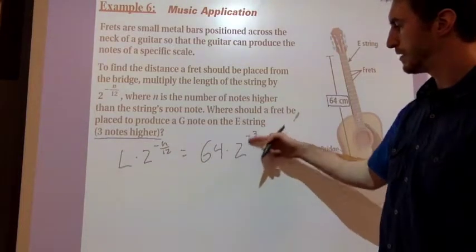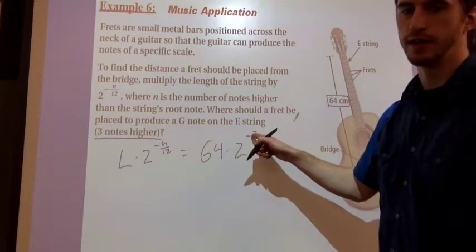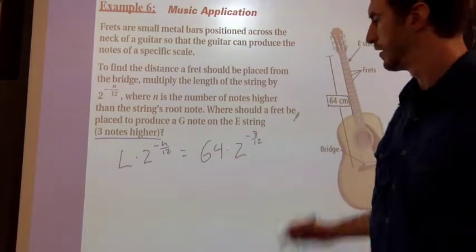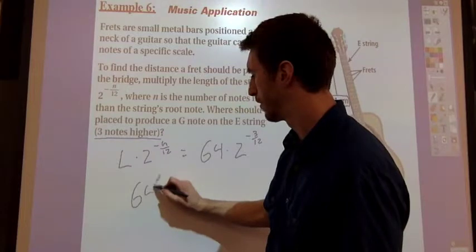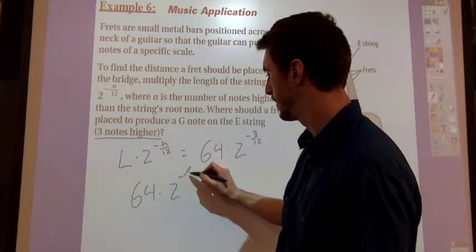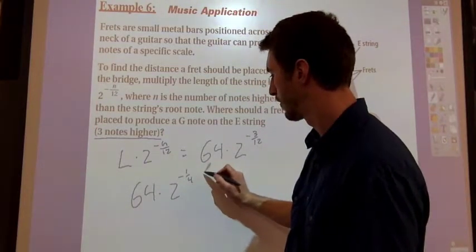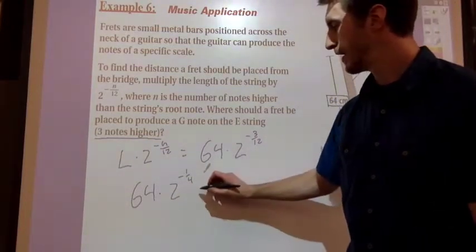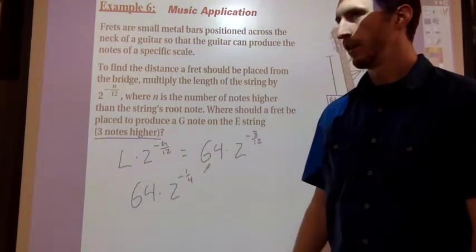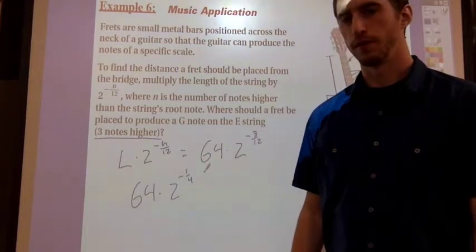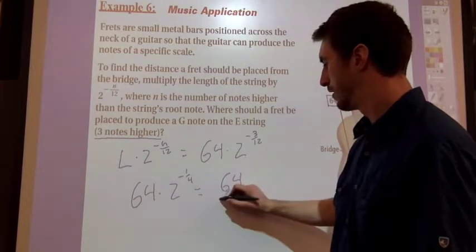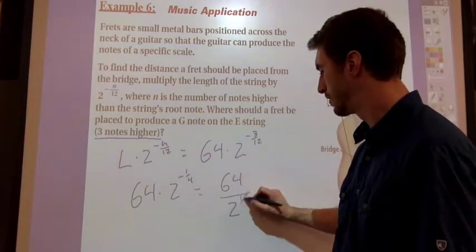So I'm going to go ahead and simplify this fraction. Negative 3/12 simplifies to negative 1/4. So this is 64 times 2 to the negative 1/4. And 2 to the negative 1/4 is the same as 1 over 2 to the 1/4. So I'm going to rewrite this as 64 over 2 to the 1/4.